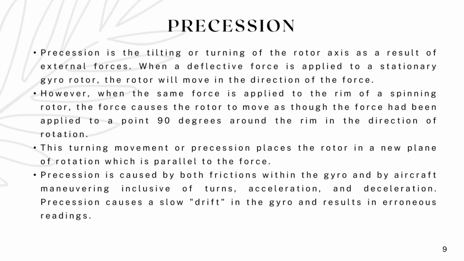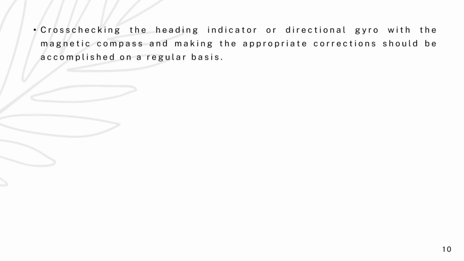This turning movement of precession places the rotor in a new plane of rotation which is parallel to the force. Precession is caused by both friction within the gyro and by aircraft maneuvering, including turns and acceleration. Cross-checking the heading indicator or directional gyro with the magnetic compass and making the appropriate corrections should be accomplished on a regular basis.